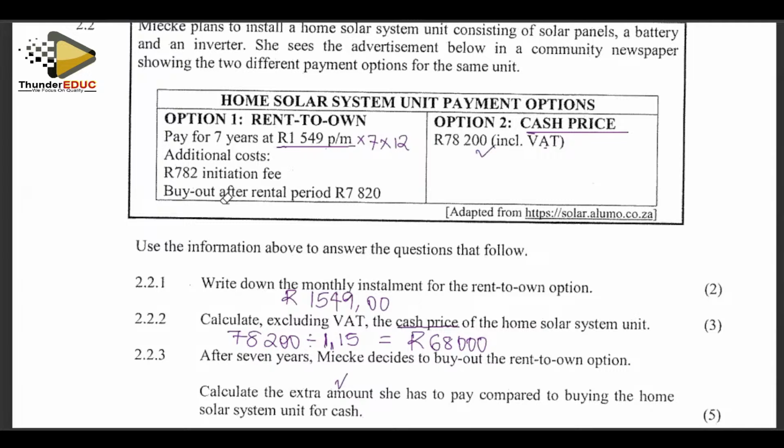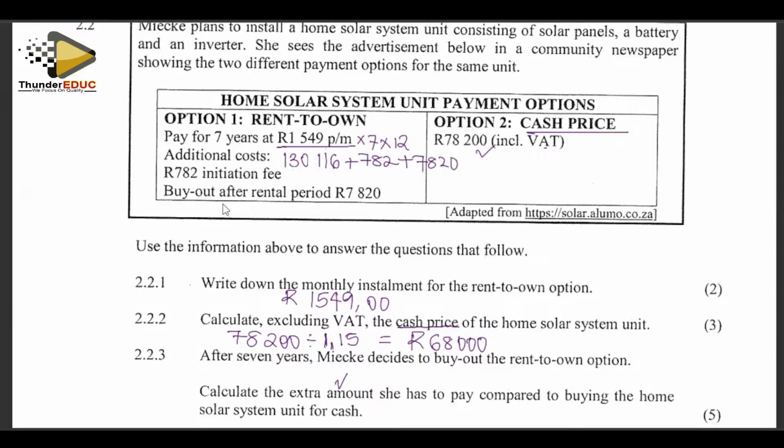1,549 times 7 times 12, you end up having 130,116. This is only the installments, then plus the initiation fee, then plus the buyout.